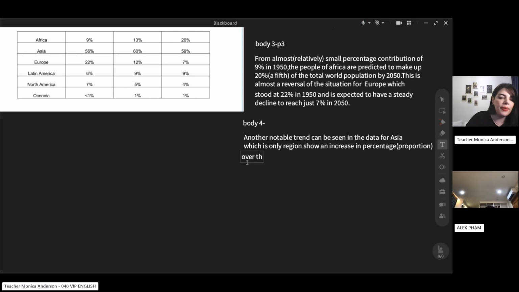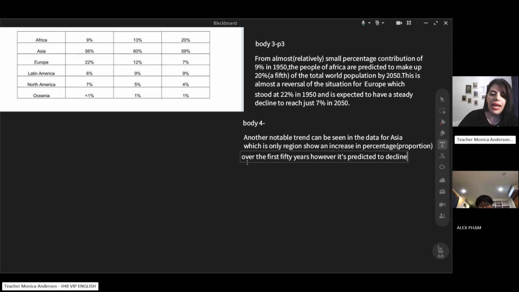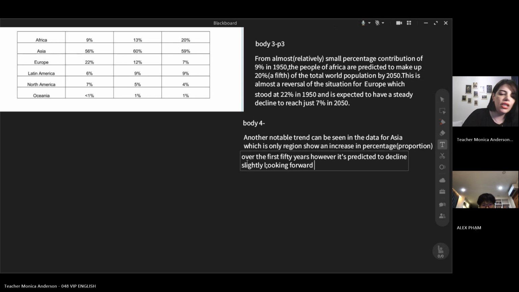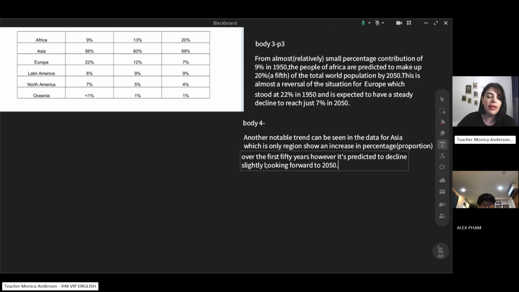However, it's actually predicted to decline slightly, looking forward to 2050.